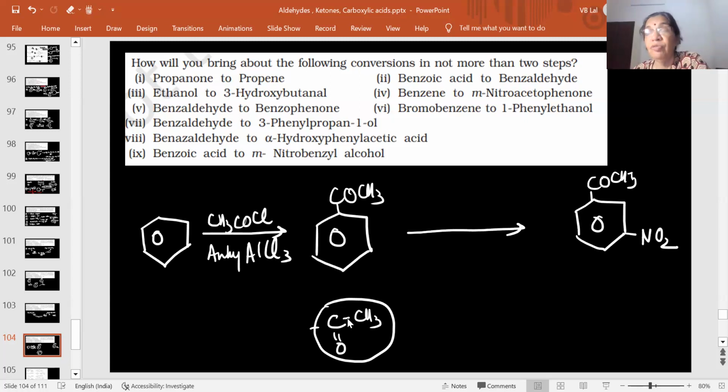So if I do nitration with concentrated H2SO4 and concentrated HNO3, then a nitro group will come on the meta position. So that is the preparation of meta-nitroacetophenone.